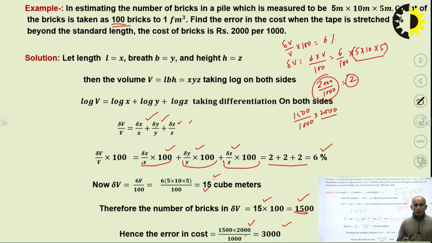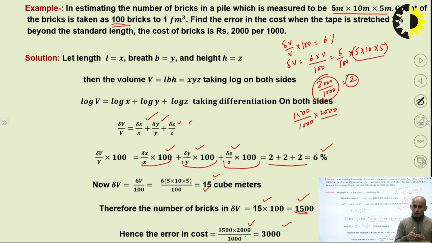So according to the question, we have a pile of bricks with these measurements, and if we have an error in measuring any length, like height, breadth and length, with a tape stretched by 2%, then what will be the error in the whole volume?